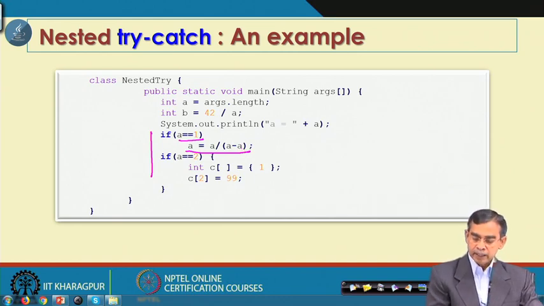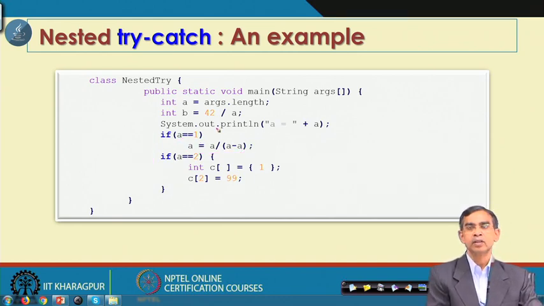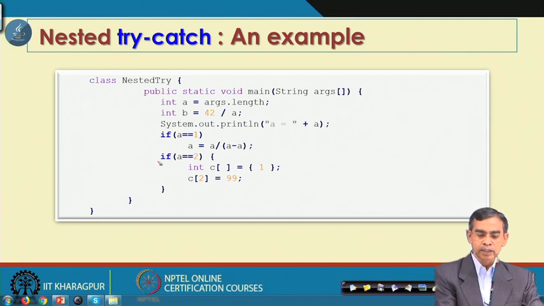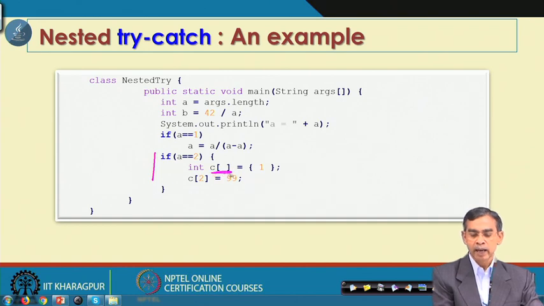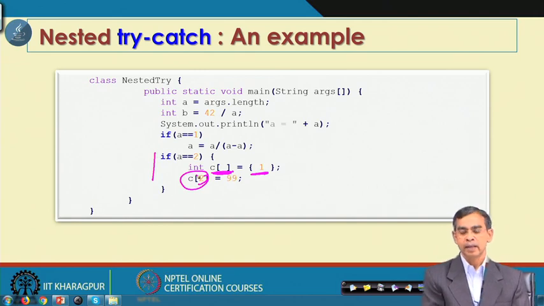Another situation: suppose the user enters 2 inputs. Then a equals 2, and there is again a possibility of error, because here we declared an integer array c with only one element, that means the size of the array at present is 1, but we want to store a value at the second index. So this is an array index out of bound error.